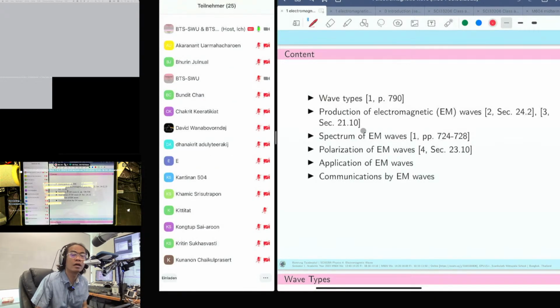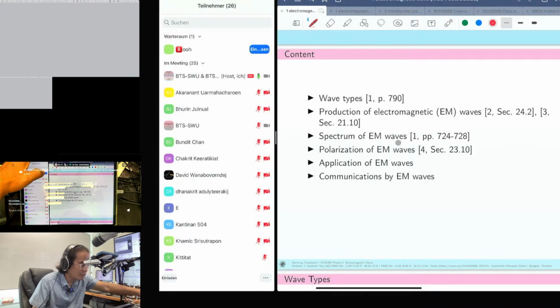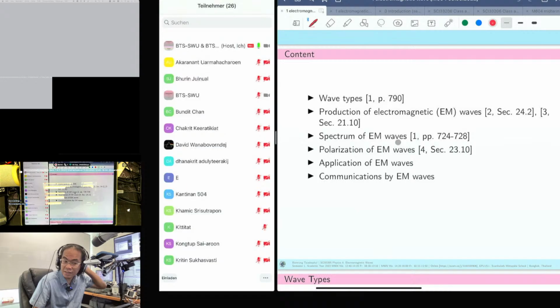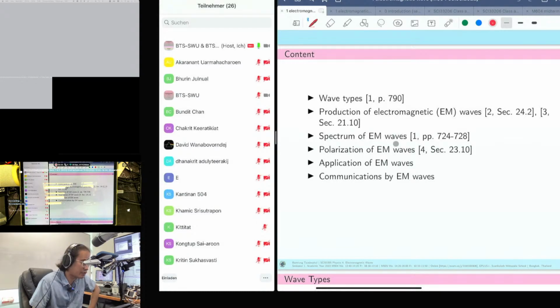The next topic is the polarization of electromagnetic wave. In the spectrum of electromagnetic wave, we will see the whole picture of the electromagnetic frequency region, and it can be described in different sub-frequency bands.